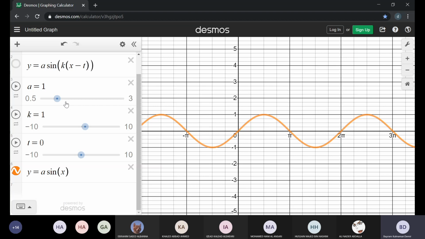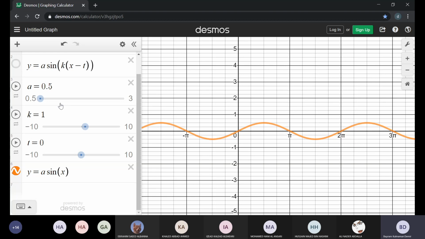All right. And as you move a to smaller than 1, you see, Shabab, now you will see how the graph is getting squeezed, right? Now it is a vertical shrinking. It is called vertical shrinking.